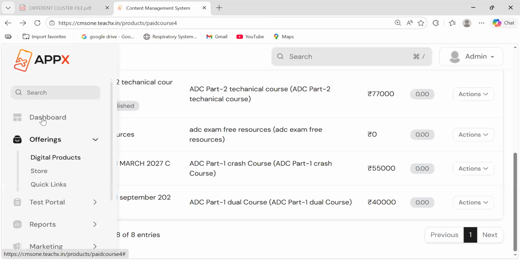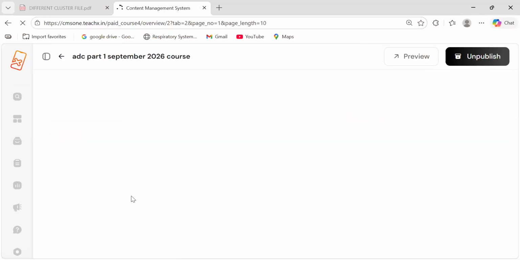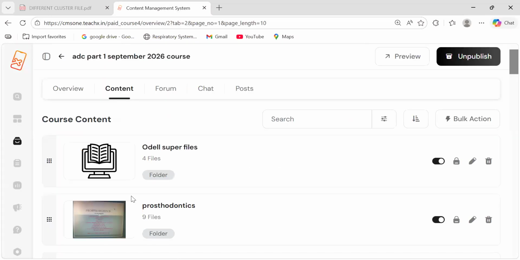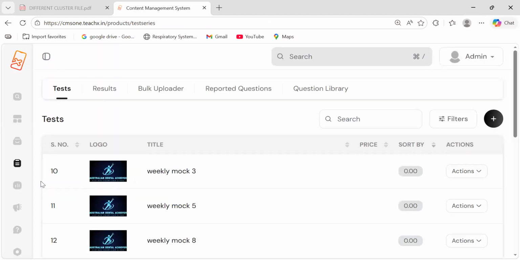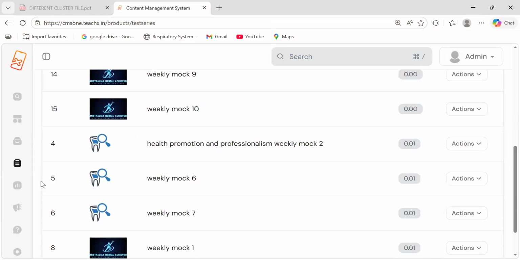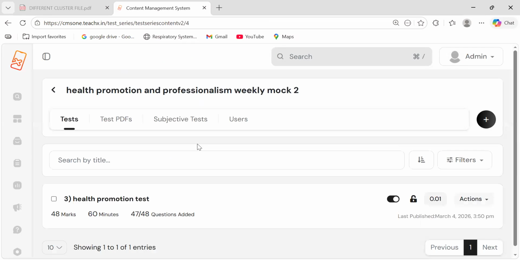So what kind of questions come into health promotion? We have a separate file or test for health promotion and professionalism. And we also have the super files based on this particular cluster. You do not need to worry about what the questions are or how you need to go for this test.